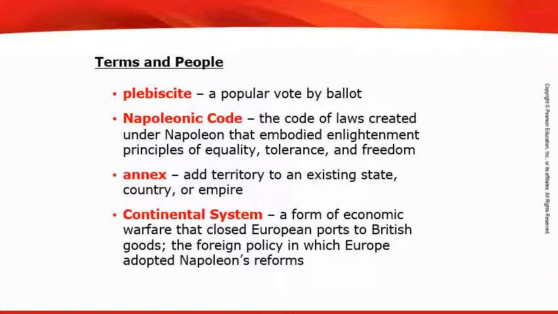Annex means to take over a territory and declare it as your own, or to add a territory to your existing state, country or empire. Continental system was an economic arrangement in Europe where the member countries were forced to follow common economic policies, and Napoleon used it as a weapon against Britain, forcing the member countries to close their ports to British trading goods.